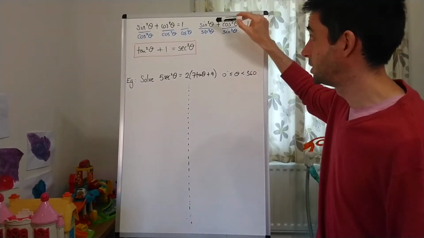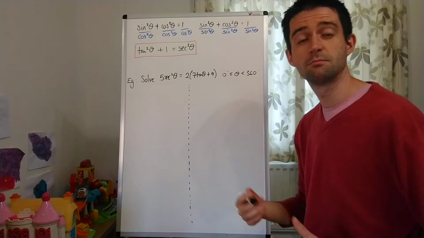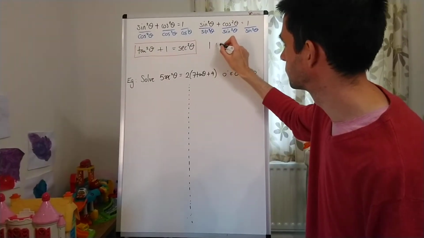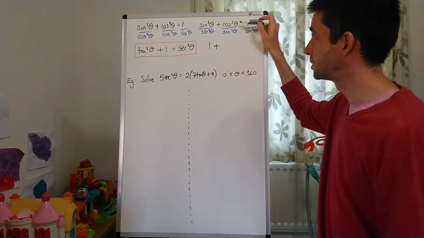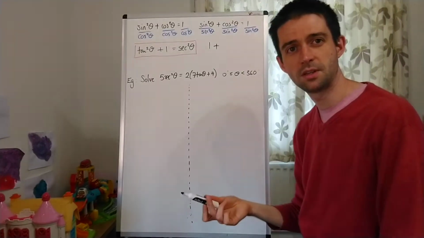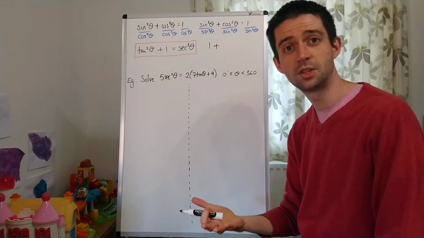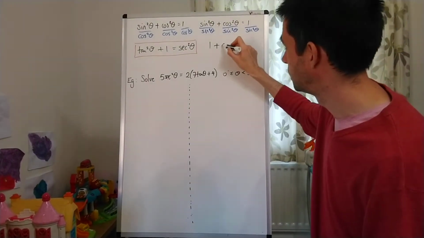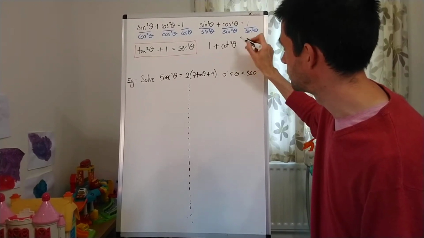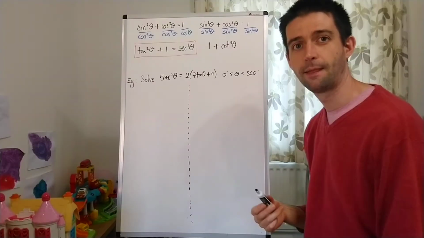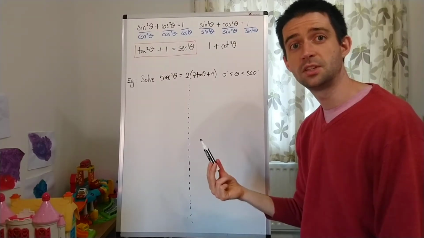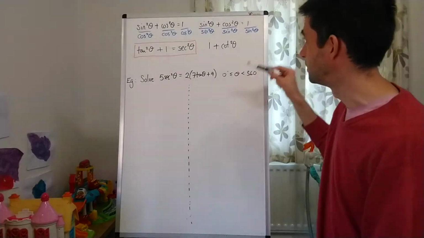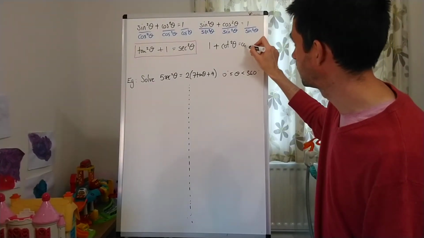Sine squared theta over sine squared theta, anything divided by itself, is 1, plus cos theta over sine theta, the identity we used previously, is cot theta. So by that same logic, cos squared theta over sine squared theta is cot squared theta. And finally 1 over sine theta is cosec theta, so 1 over sine squared theta is cosec squared theta.